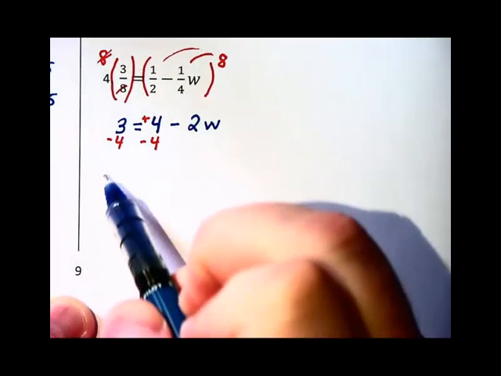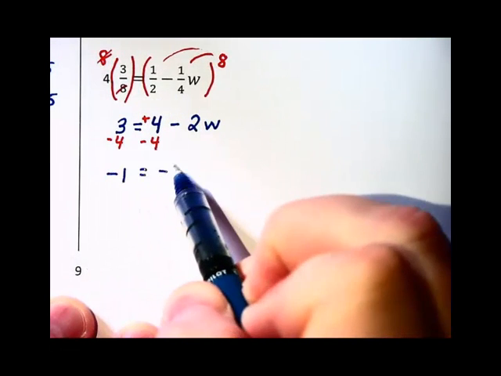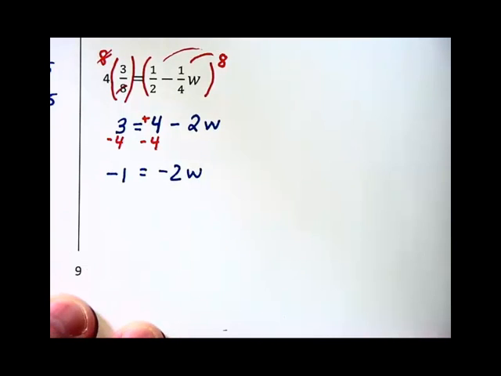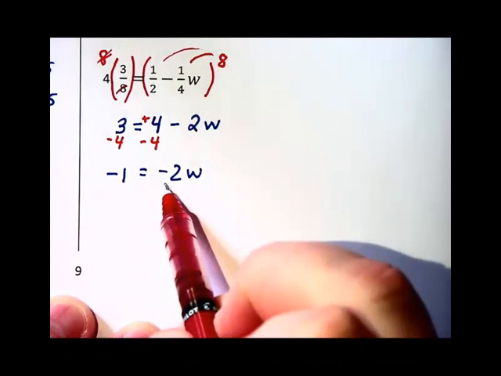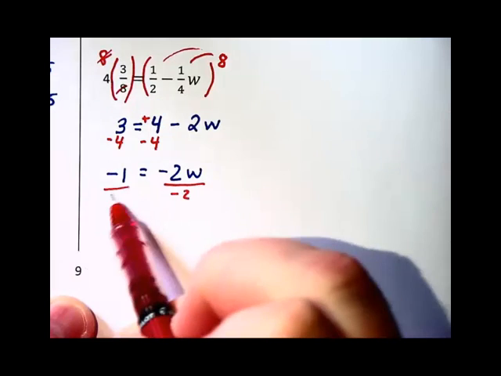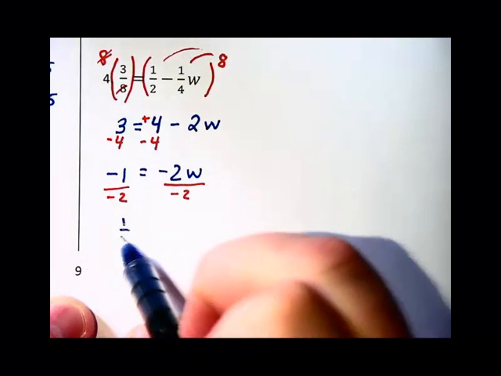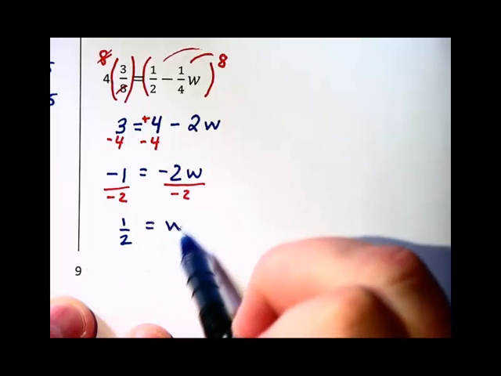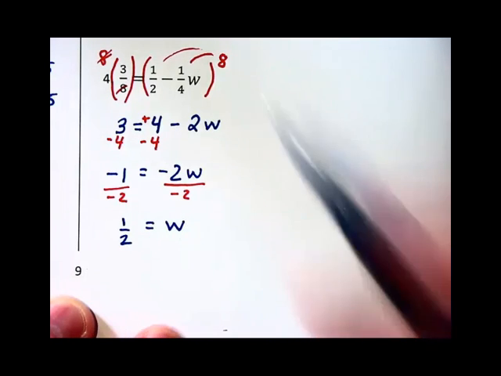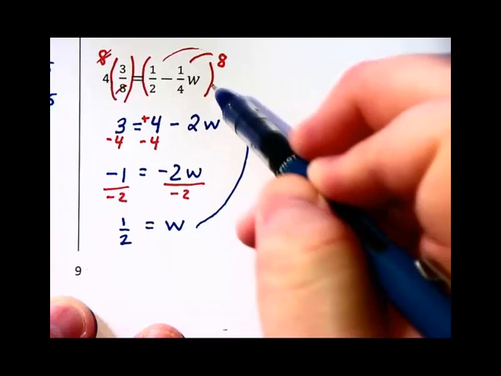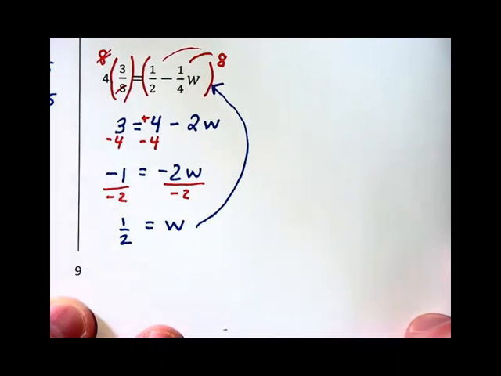That will then give us negative 1 on the left equals negative 2w, and then we can divide by the negative 2 on each side of the equation and have positive 1/2 is equal to w, which you can check if you want to. It's a little bit more work to check, but I'm going to trust that the math we've been doing here along the way is correct as we work our way through.